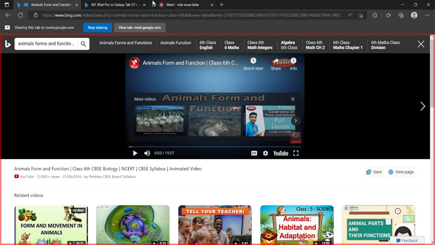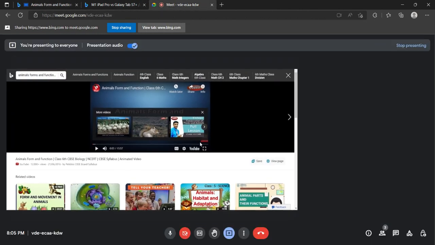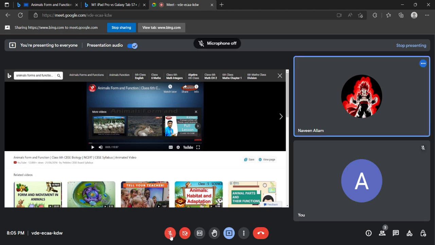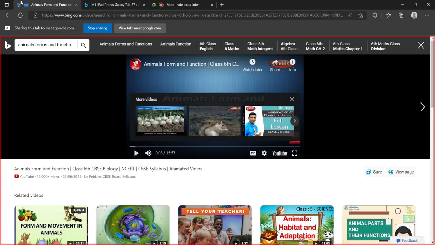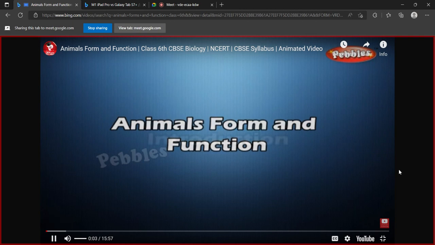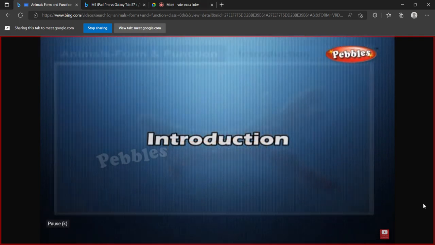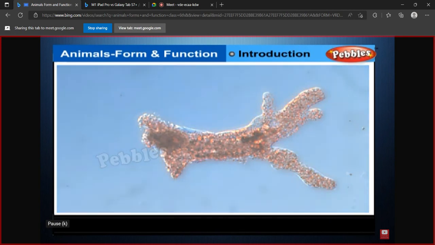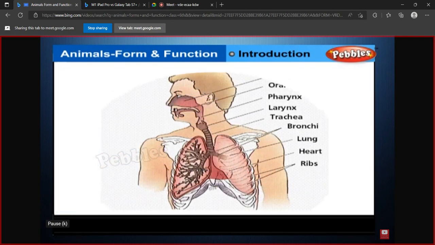Animals, form and function. Introduction. In different groups of animals, from unicellular organisms like amoeba to human beings, there is a progressive increase in the complexity of body organization.